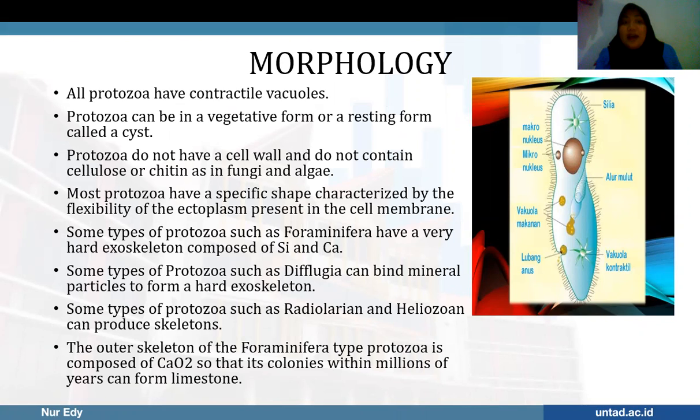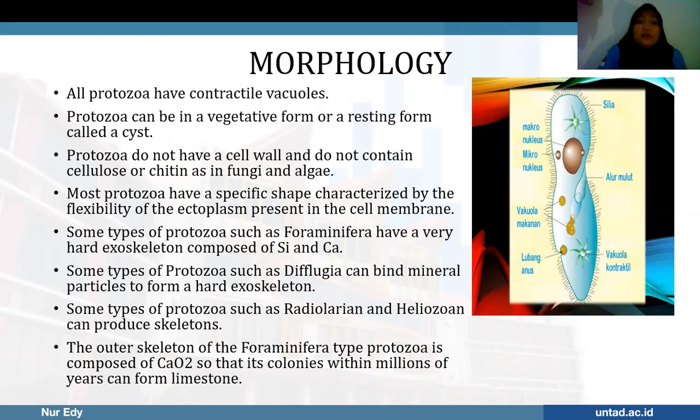Most protozoa have a specific shape characterized by the flexibility of the ectoplasm present in the cell membrane. Some types of protozoa, such as foraminifera, have a very hard exoskeleton composed of Si and Ca. And the next is some types of protozoa, such as Difflugia, can bind mineral particles to form a hard exoskeleton.